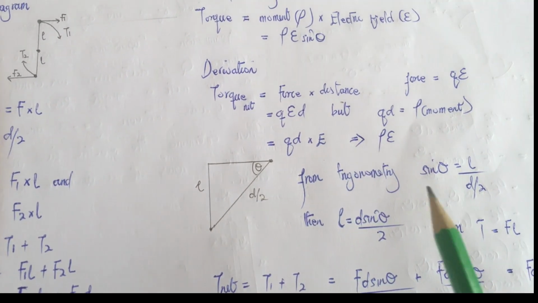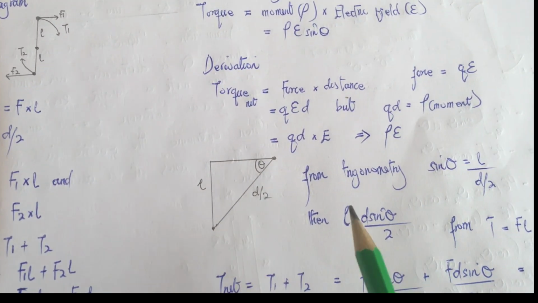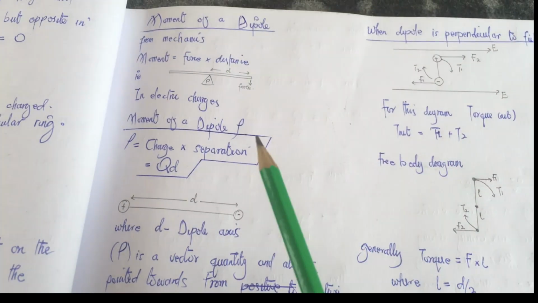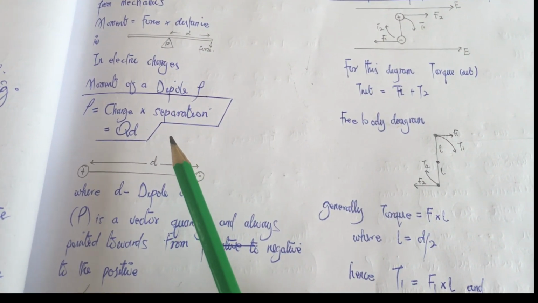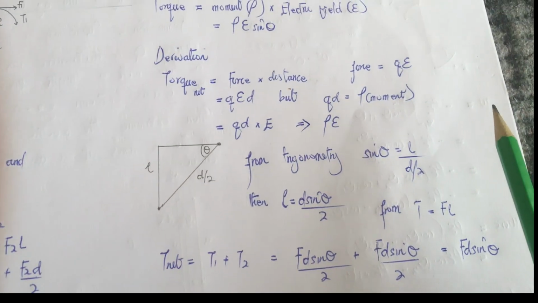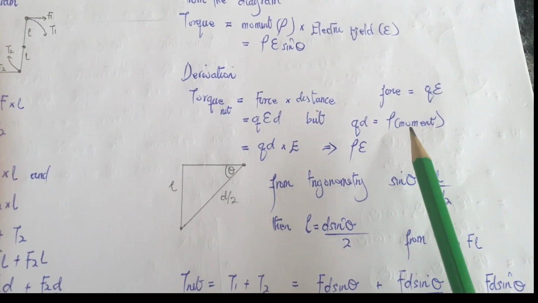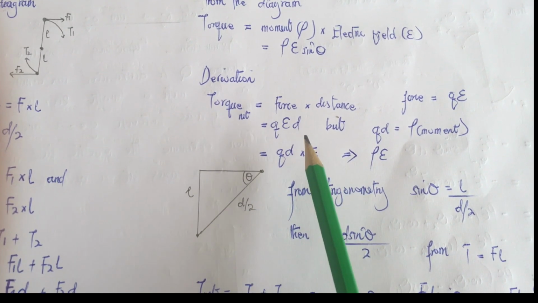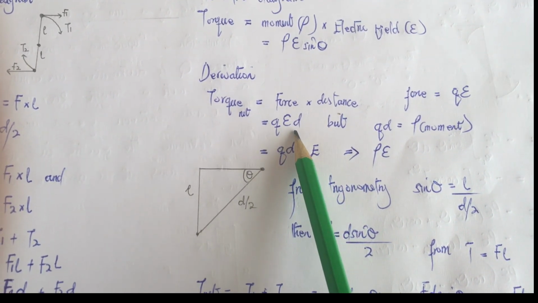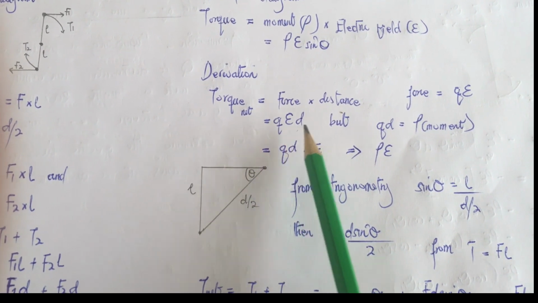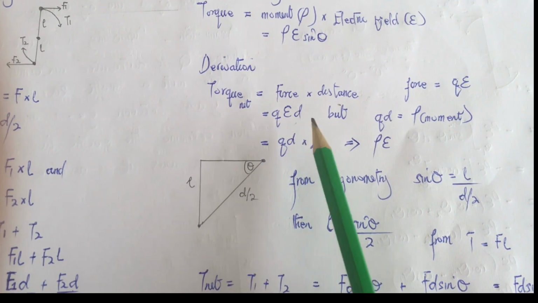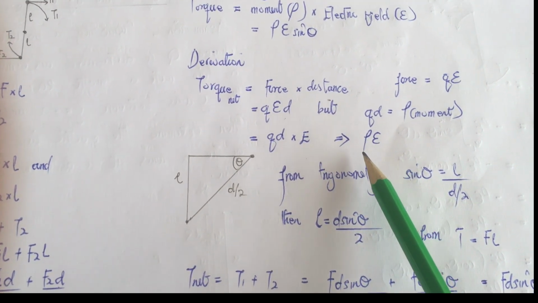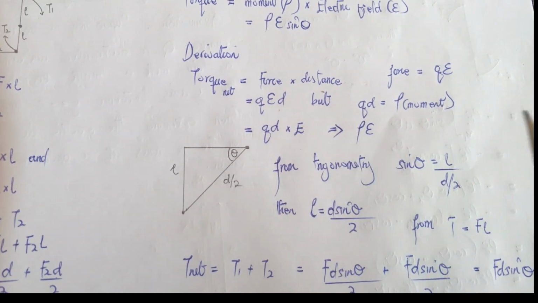But QD, the charge times the distance, is the moment. From this expression, we can make Q and D stand together because they are multiplying and it is commutative. So Q and D times E gives you the moment times E. Hope you all get it.